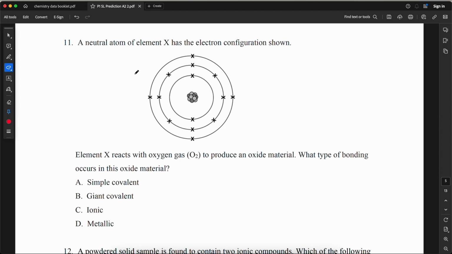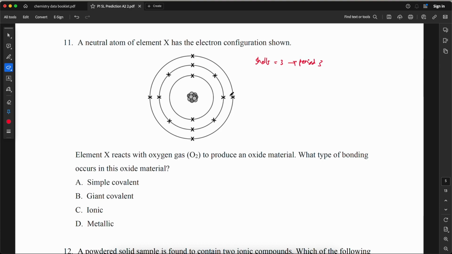A neutral atom of element X has the electron configuration shown. Element X reacts with oxygen gas O2 to produce an oxide material. What type of bonding occurs in this oxide material? It has 3 shells, so it's period 3.